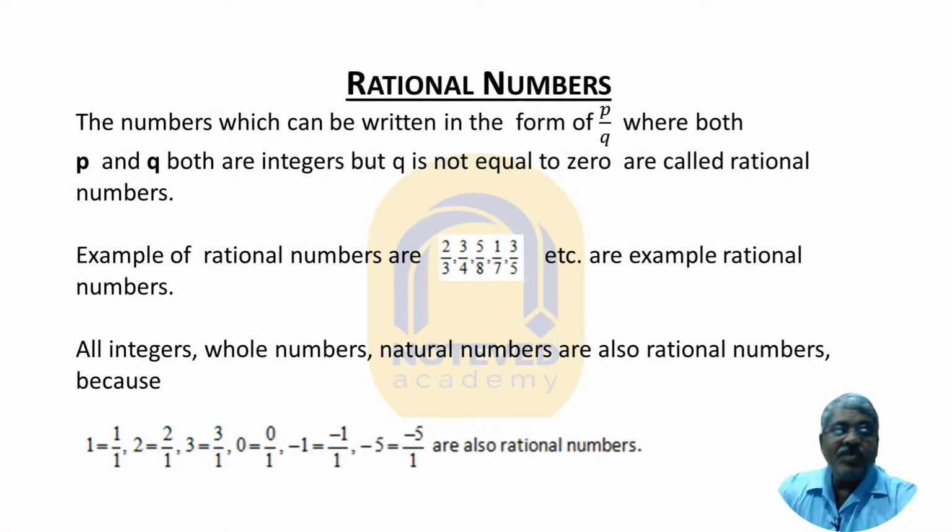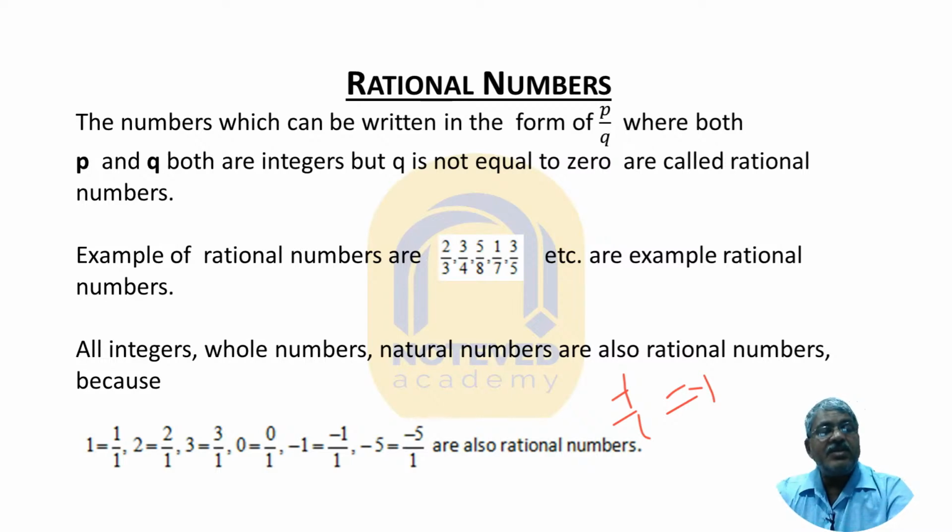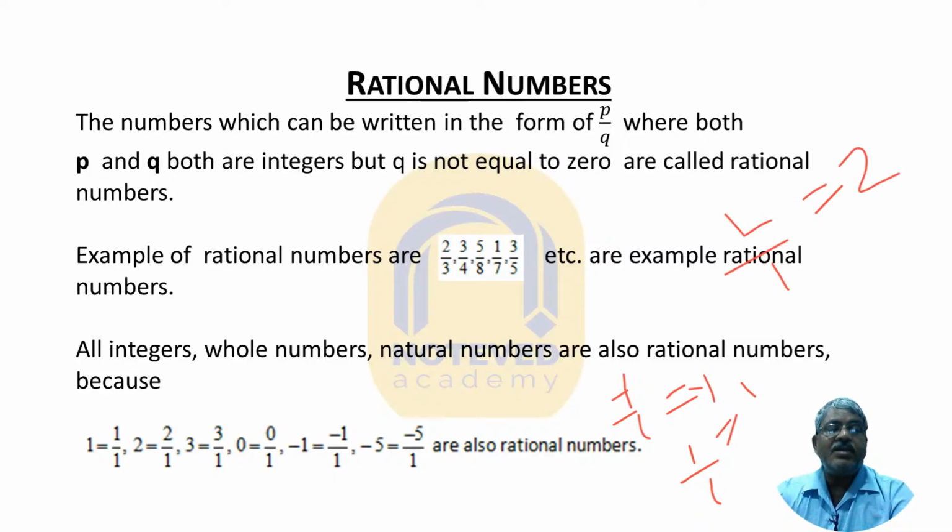So, when the denominator is 1, the value is the numerator itself. Minus 1 by 1 is equal to minus 1, whereas 1 by 1 is equal to 1. 2 by 1 is equal to 2, minus 2 by 1 is equal to minus 2. Clear? Now, try to understand.